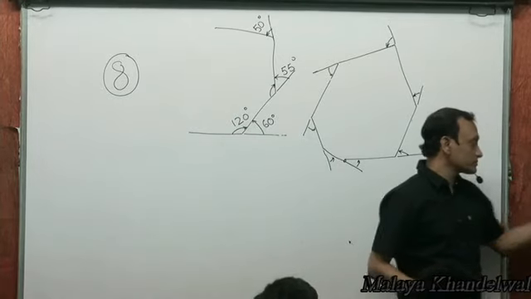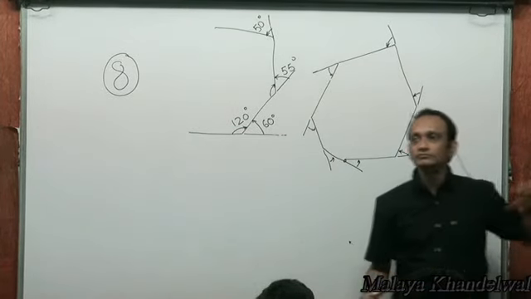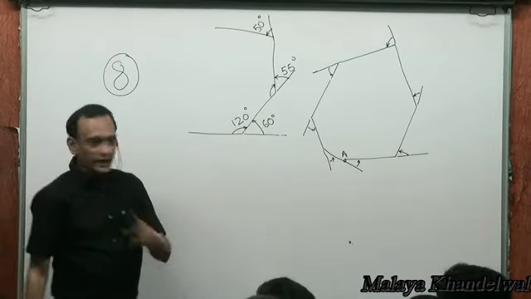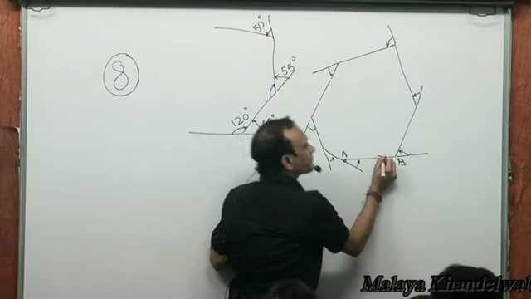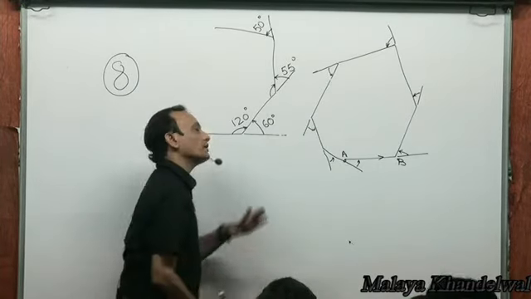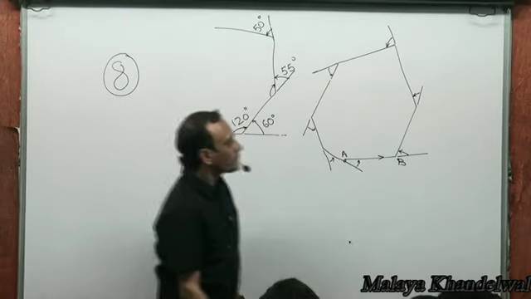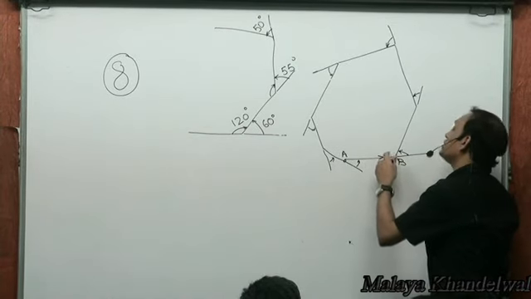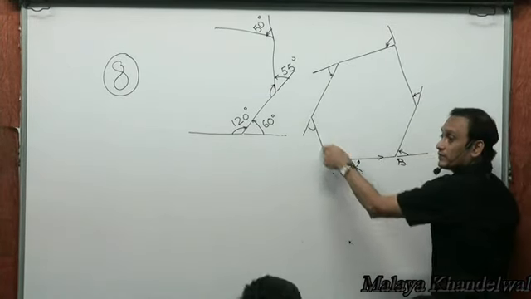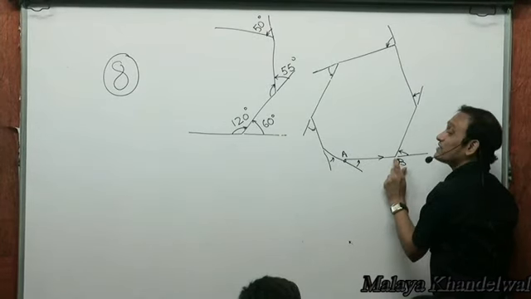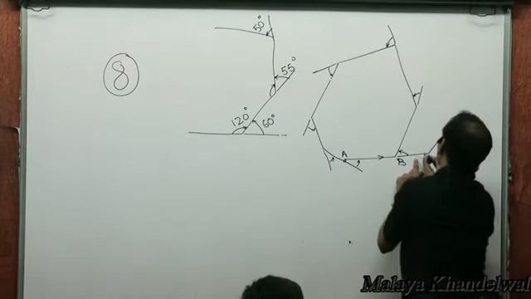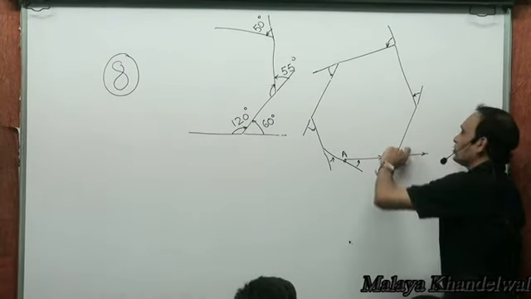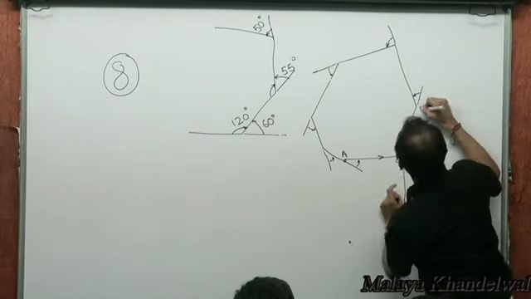Now think of it like this. Think of a drunkard starting from the point A and heading towards B. Now, he's drunk, and he's actually supposed to move along the sides of the polygon, right? But he's drunk. At B, he doesn't take cognizance of that. He would want to move in this direction, so somebody gives him a hard kick here, and he rotates by this angle, and he starts to move along BC.